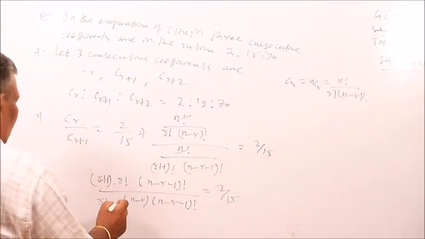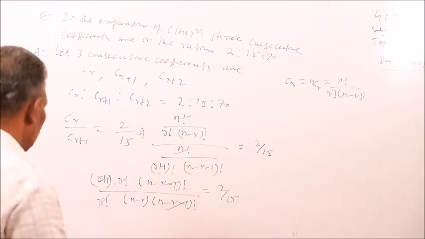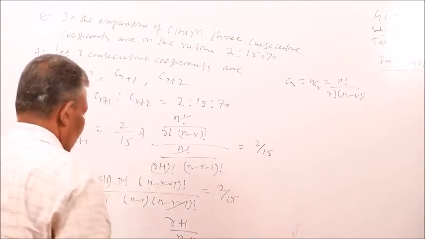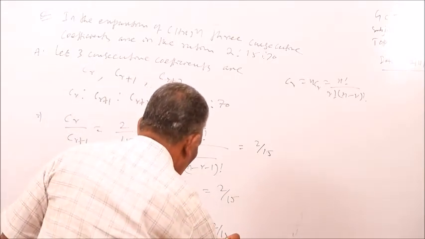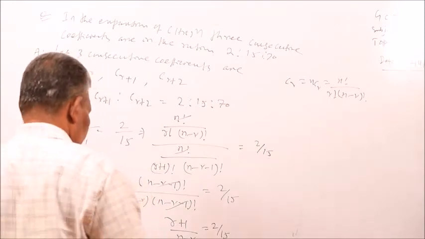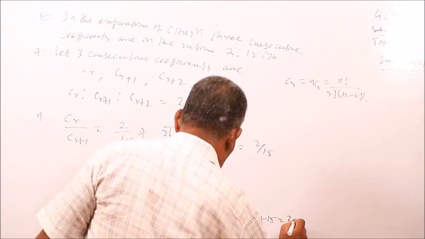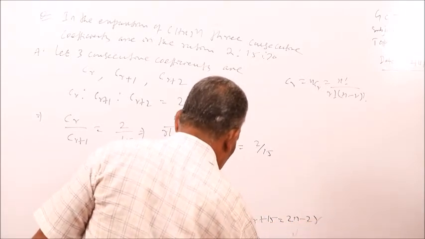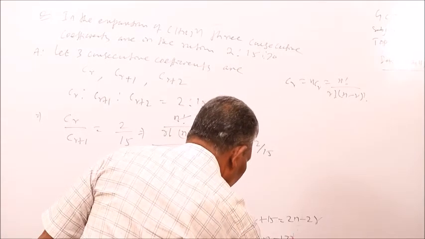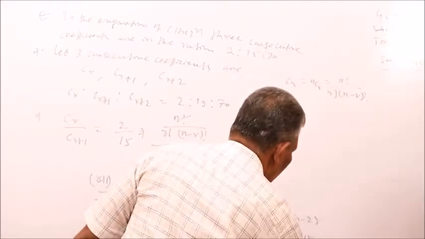So we can cancel r factorial and n minus r minus 1 factorial, that implies r plus 1 by n minus r equals 2 by 15. That implies by cross multiplication 15r plus 15 equals 2n minus 2r, that implies 2n minus 17r minus 15 equals 0. Let it be equation 1.